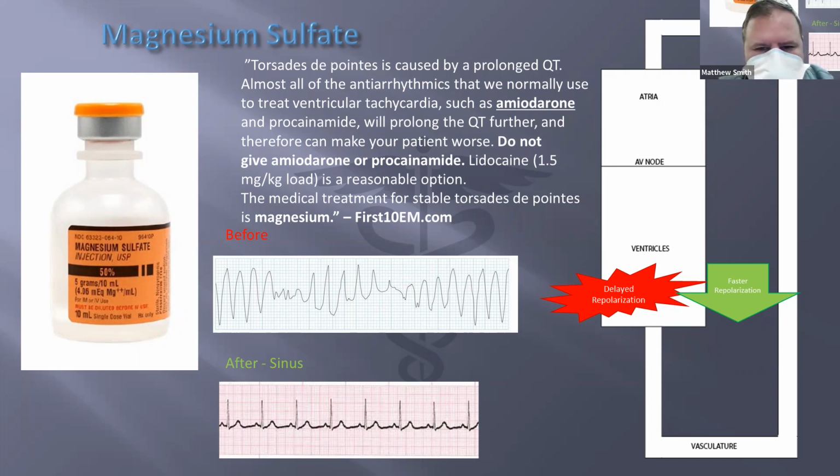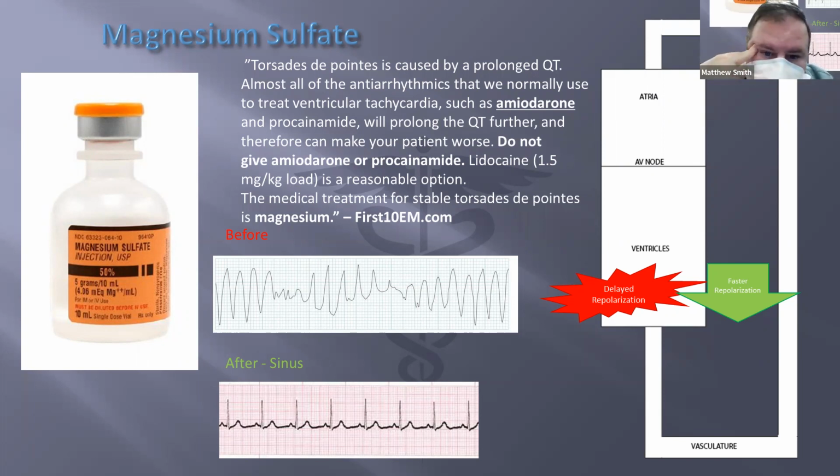Mag sulfate decreases the time the ventricles take to repolarize. So you're going to have patients that are in either arrest or torsades with a pulse, and your protocol is going to say give amiodarone or lidocaine. Definitely do not give the amiodarone to these patients because it will make them worse.